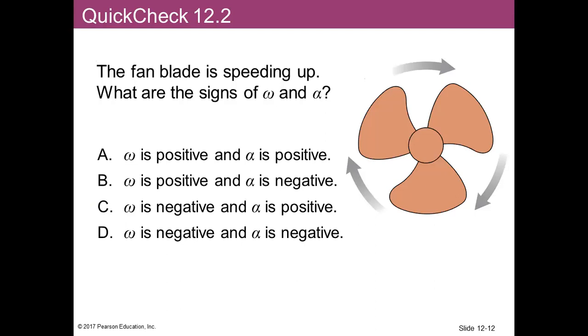Number C, angular velocity is negative and the angular acceleration is positive. Number D, angular velocity is negative and the angular acceleration is negative. The correct answer is D, because when the object or the wheel is rotating clockwise, then the angular velocity and the angular acceleration are both negative. Number D is the correct answer.